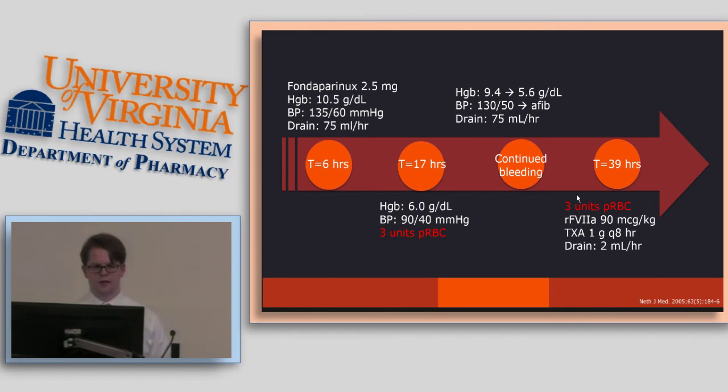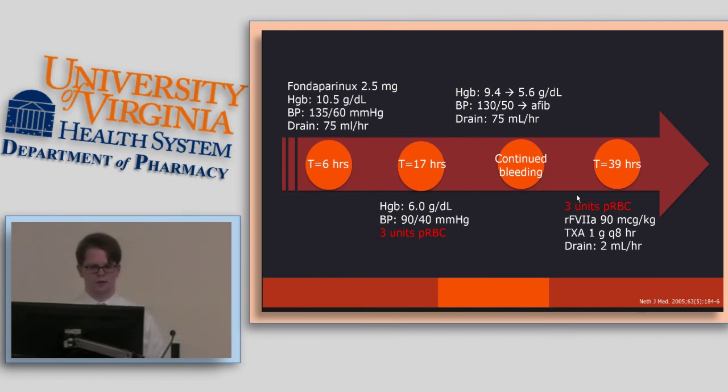So with this patient case, the patient received fondaparinux 6 hours after surgery. At 17 hours, with subsequent decreased hemodynamics and worsening anemia, the patient received 3 units of red blood cells. Over the next roughly 32 hours, the patient continued to bleed, anemia continued to worsen, they developed atrial fibrillation, and they still maintained a relatively high drain output rate at 75 milliliters per hour.